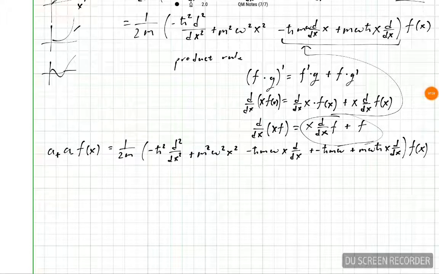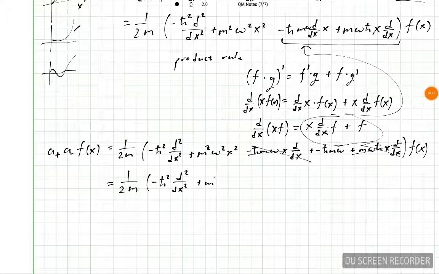So this one here and this one here cancel out. So what I get is 1 over 2m negative h bar squared d dx squared plus m omega squared x squared minus h bar m omega.